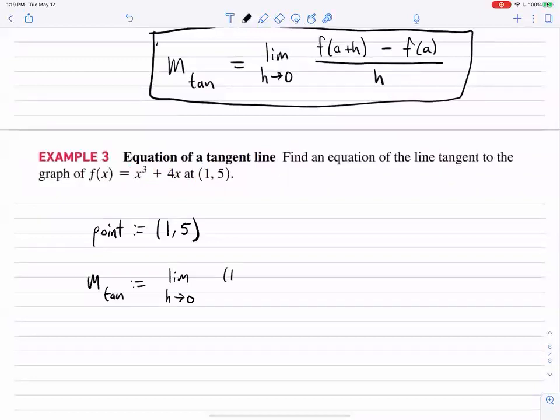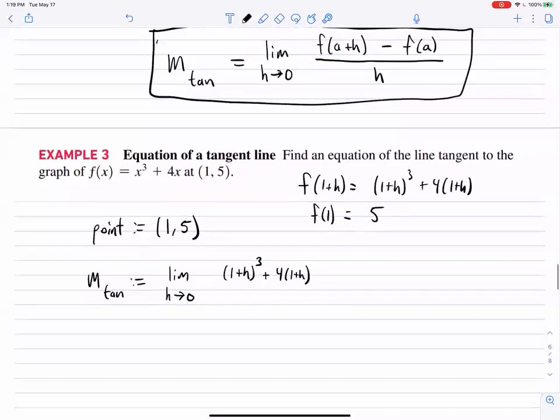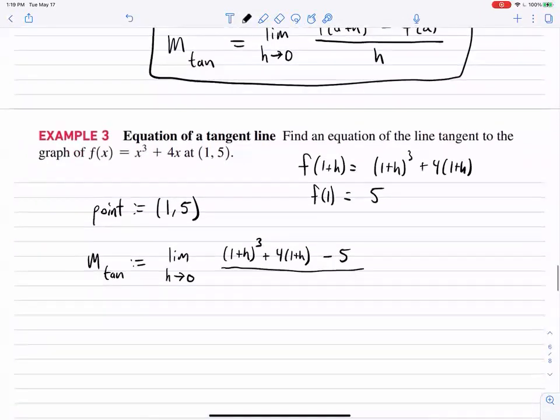I get 1 plus h cubed plus 4 times 1 plus h, because that is f of 1 plus h. And f of 1, if you plug in 1, is just 5. And so it's that minus f of 1, which is 5, all over h.